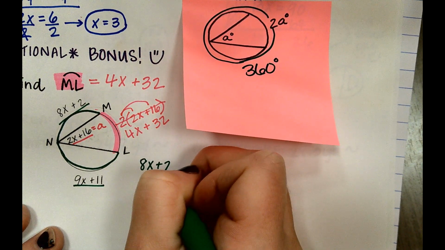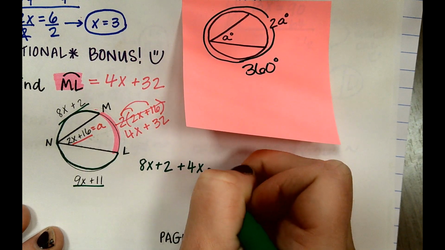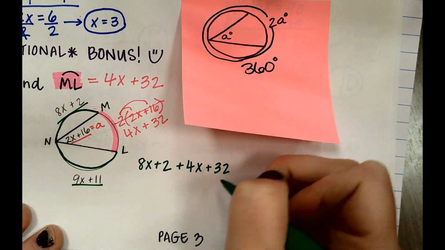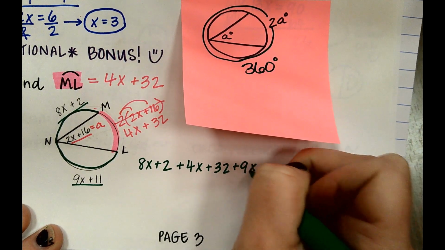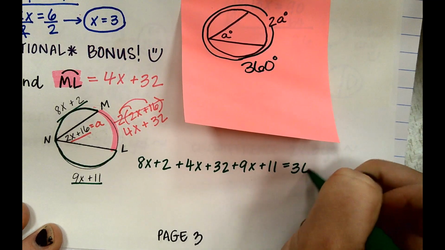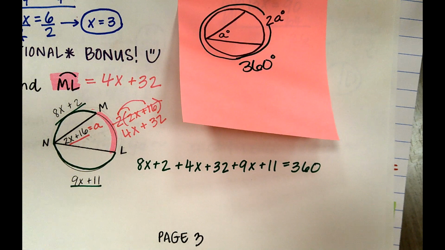8x plus 2 plus 4x plus 32 plus 9x plus 11 equals 360. And we'll just combine like terms.